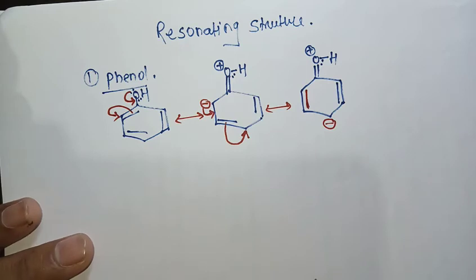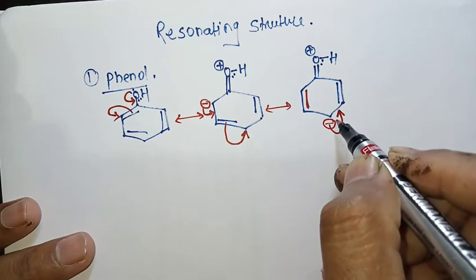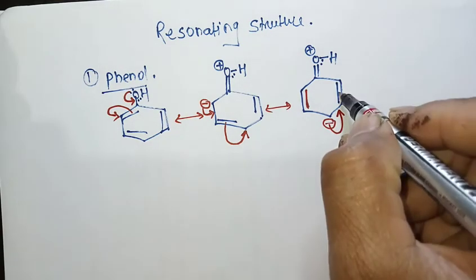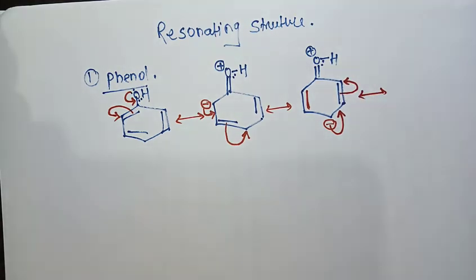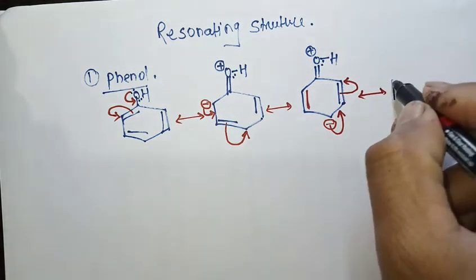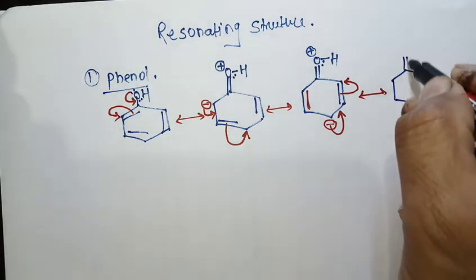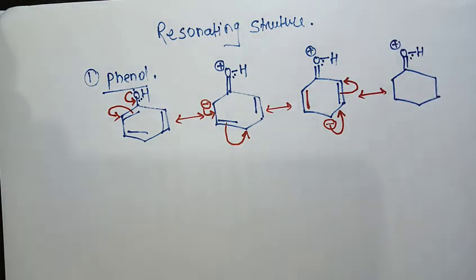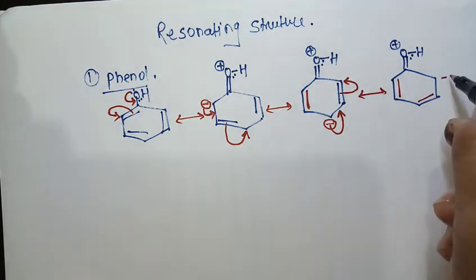After that, in the third case, this negative charge goes here to form a new pi bond between C4 and C5 carbon, and this pi bond is shifted towards carbon 5. We get another resonating structure. Here this is the first newly formed bond, this was the second, and this is a negative charge.